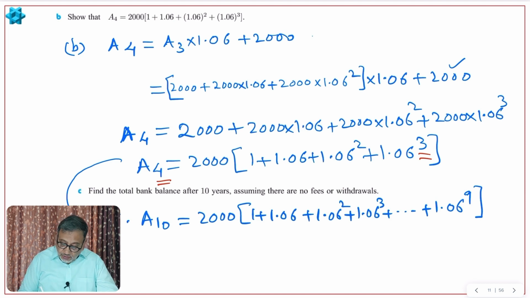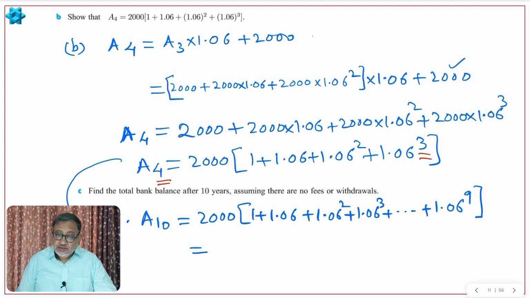I'll put all this in the calculator and get the answer. 2000 times the bracket 1 plus 1.06 plus 1.06 square plus 1.06 cube plus 1.06 to the power 4 plus 1.06 to the power 5 plus 1.06 to the power 6 plus 1.06 to the power 7 plus 1.06 to the power 8 and the last one 1.06 to the power 9, and close the bracket.